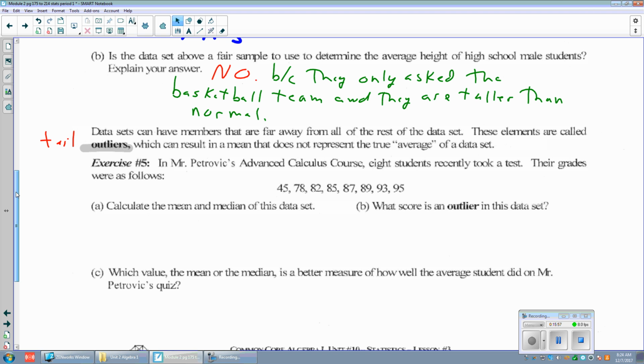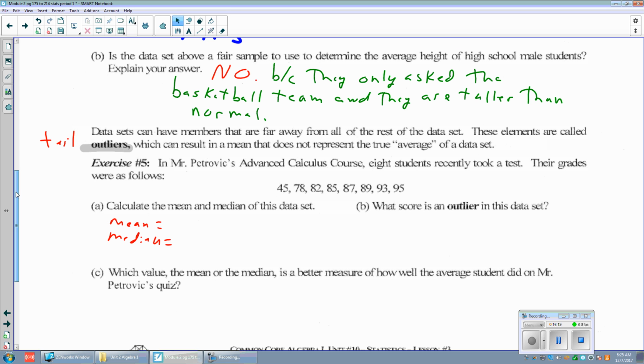In Mr. Petrovic's advanced calculus course, 8 students recently took a test. Their grades were as follows: 45, 78, 82, 85, 87, 89, 93, and 95. Calculate the mean and the median. What's the first thing we do? Write down mean equals and median equals.